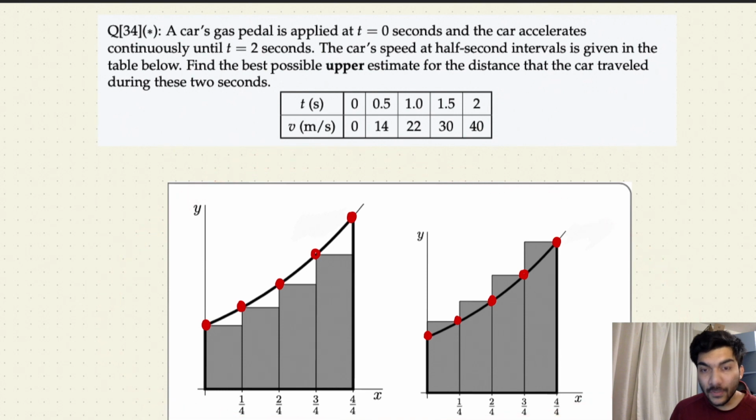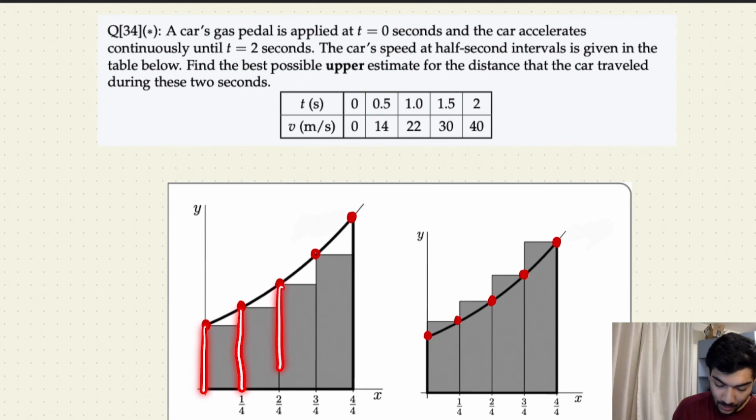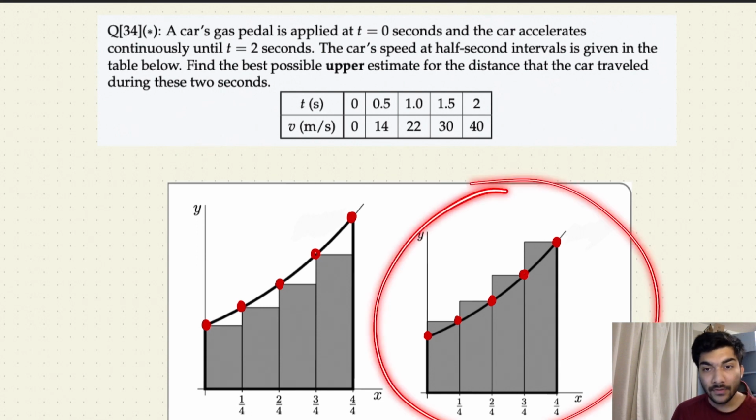So now let's continue with the previous example and see how it relates to the current question. And you'll clearly notice in this case that when I'm taking the underestimated area under the curve, the height of my four rectangles are the y values which are given by my first four x values, right?